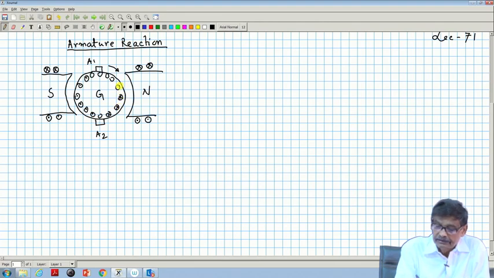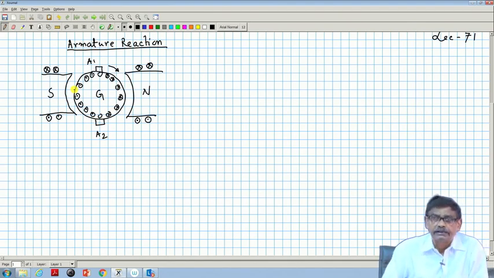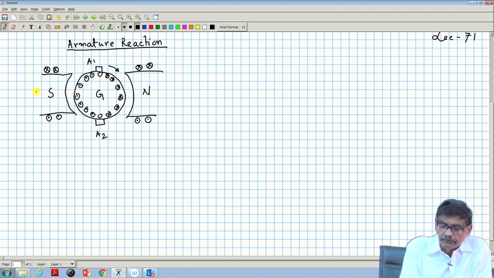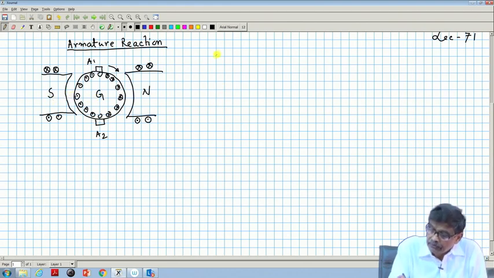So, this side under the north pole will be all cross, and this side under the south pole will be dot. Now, when there is no armature current, that is, the machine is not loaded, the field will be the same as the field produced by the stator, and we know this field will look like this.